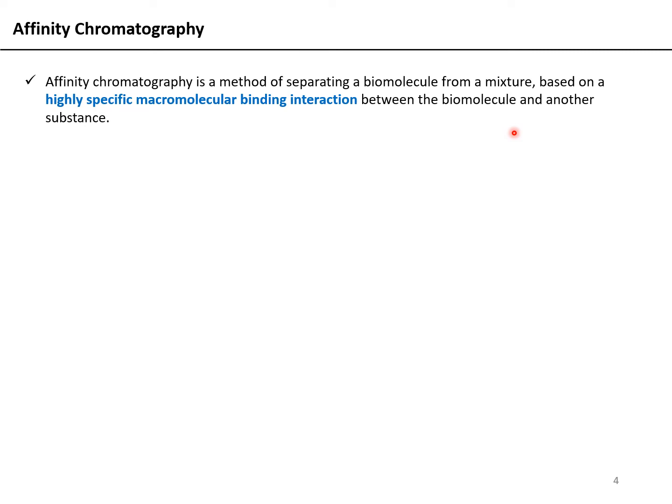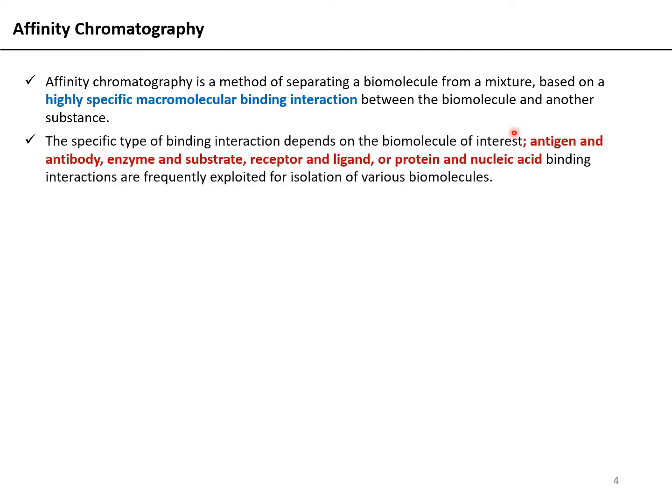And specificity is key to affinity chromatography. The specific type of binding interaction depends on the biomolecule of interest. So it can be an antigen-antibody interaction, an enzyme and substrate interaction, a receptor and ligand interaction, or a protein and nucleic acid interaction. And these are the ones which are commonly exploited for isolation of various biomolecules.